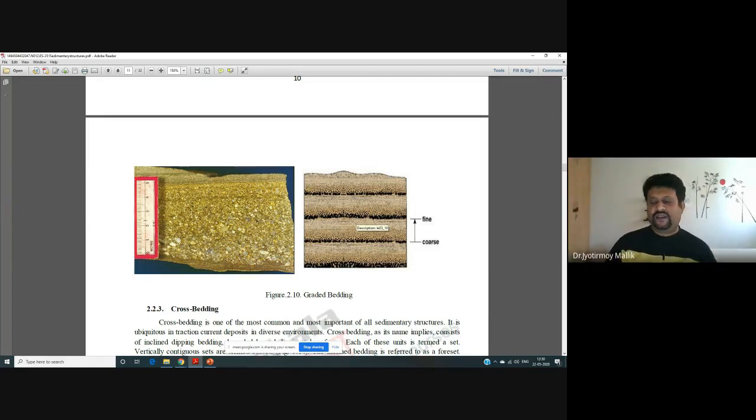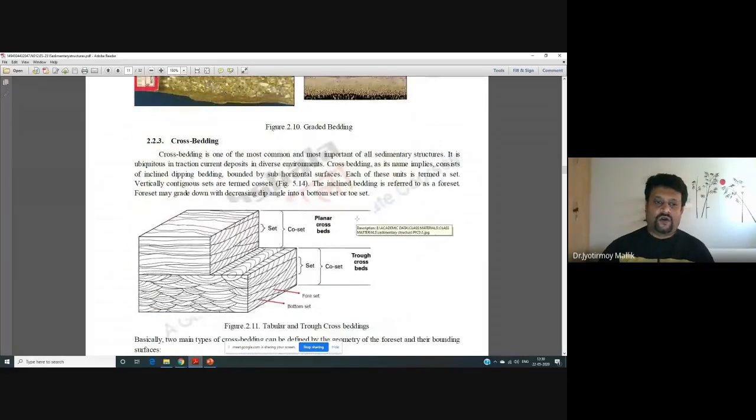So it could be a graded bedding, and the gradation is very much related to the depositional environment. And you know about cross beddings, of course, and cross beddings are generally formed due to ripple or dune migrations.